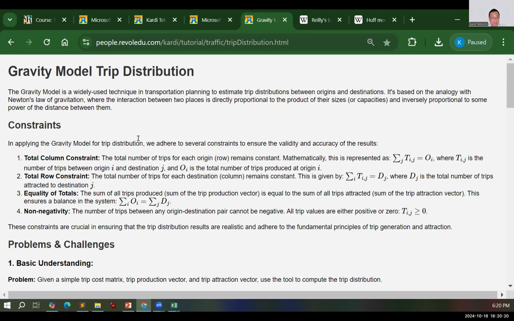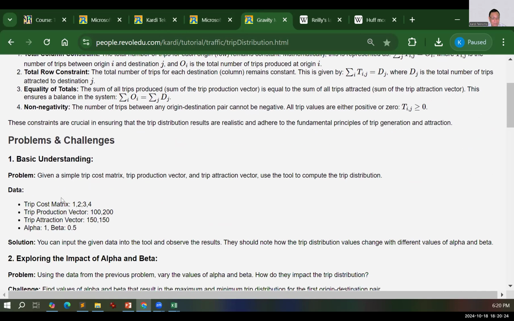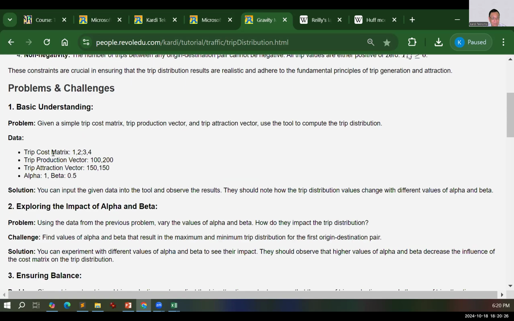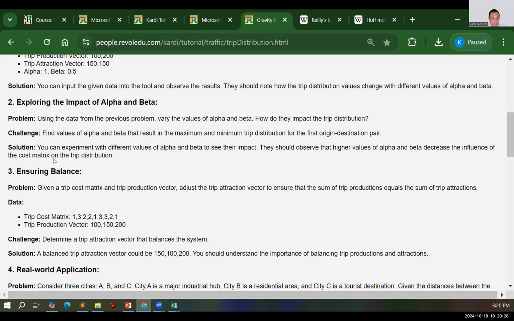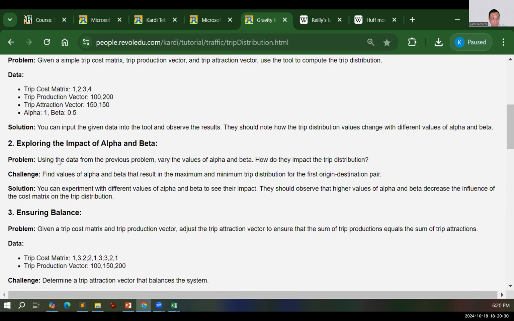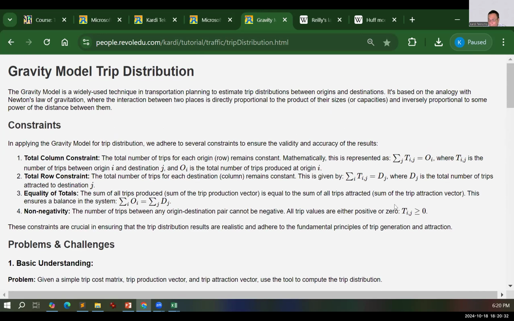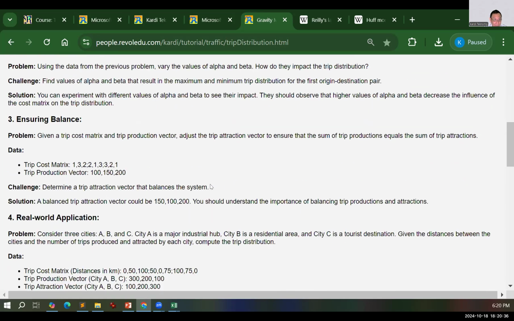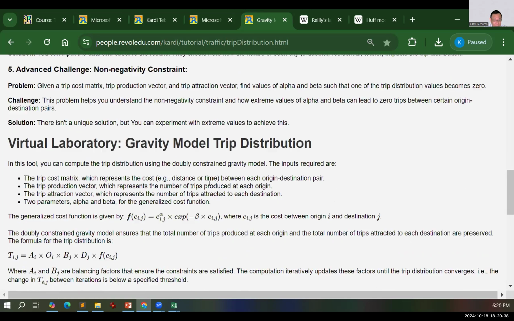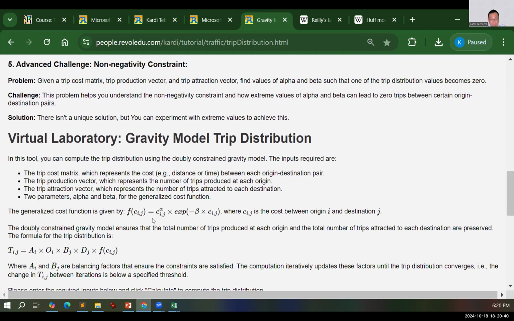Can you see? So these are the explanation. Okay, these are the values. I'm using, I think, power and exponential model.